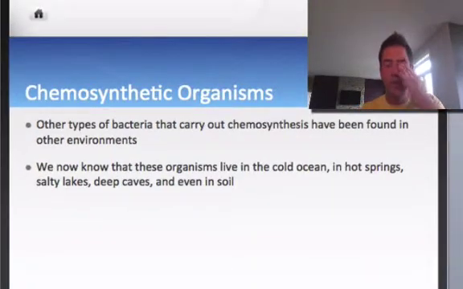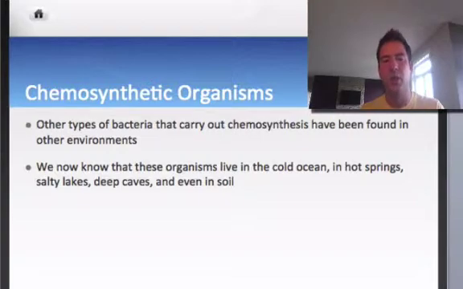Okay, so chemosynthetic organisms, there's other types of bacteria that can carry out chemosynthesis. Okay, so we'll see those not just necessarily by deep sea vents in the ocean, but a lot of them are going to be living in the cold ocean, but you can also find them in hot springs, where you wouldn't expect it to be conducive to living, or a common area that is suitable for species, but you will find some in hot springs, salty lakes, deep caves, and even in the soil.